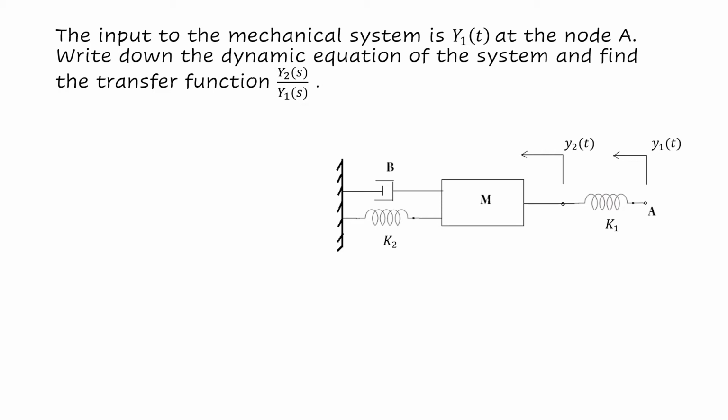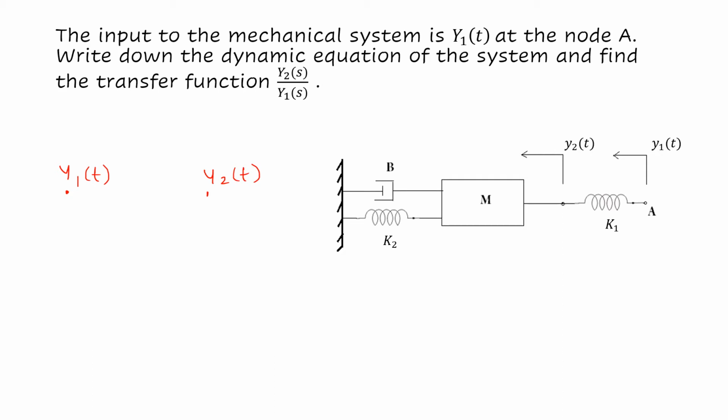So the input and the two displacements y1 and y2 become nodes of the network.